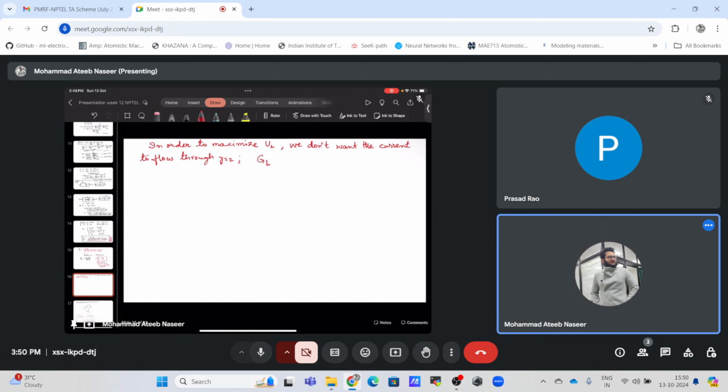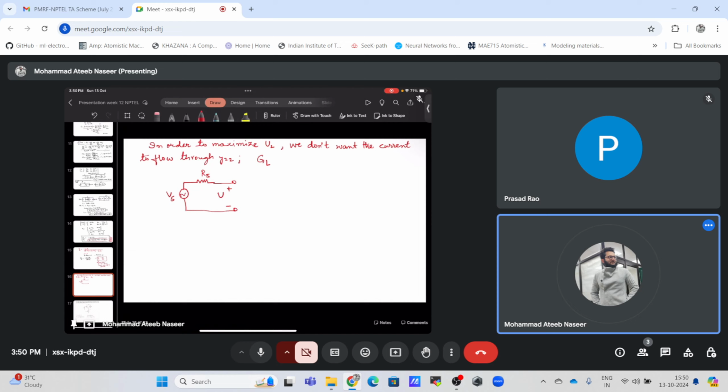Okay, and also we do not want V1 to drop across this; there should be no current division across this Y11 also. Okay, so the ideal network should look like this. This is Vs, this is the source resistance associated with the source we are using, and this is V1.